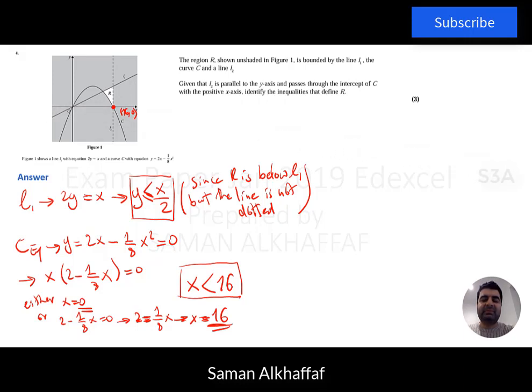Now we will need to find the third range in terms of the curve.